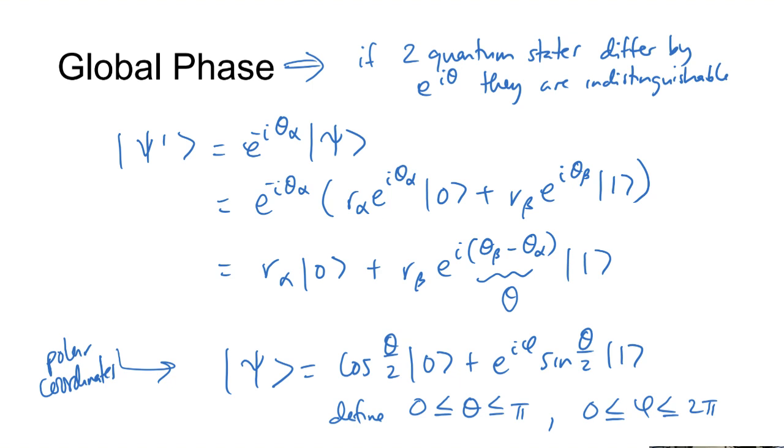So I can write down some new quantum state, psi prime. It's e to the minus i theta alpha times psi. That lets me rewrite this by plugging in the equation I just wrote on the last slide: e to the minus i theta alpha times r alpha e to the i theta alpha 0 plus r beta e to the i theta beta 1.